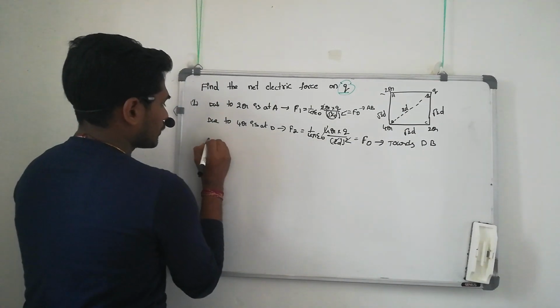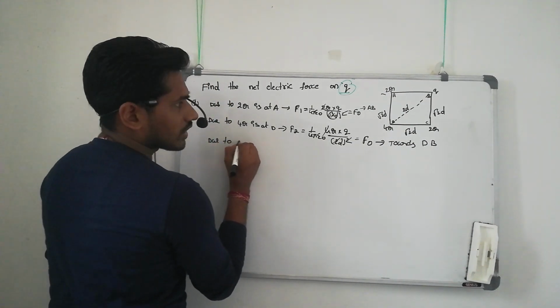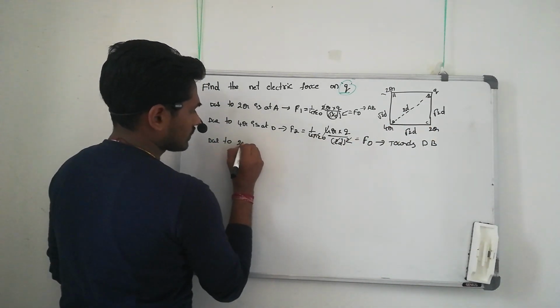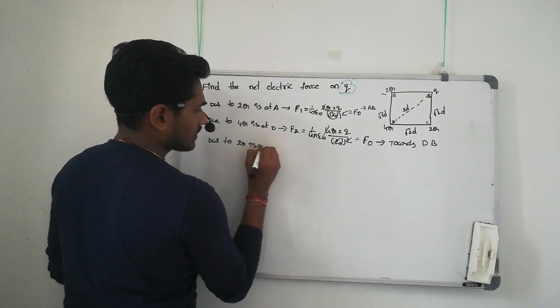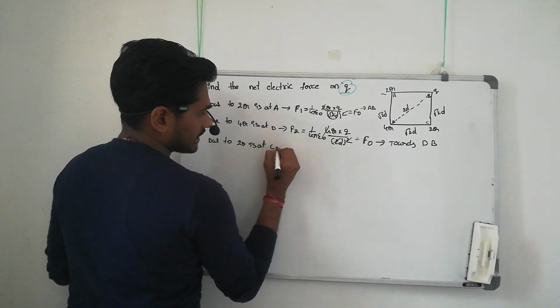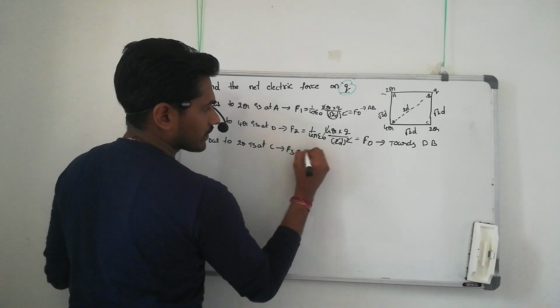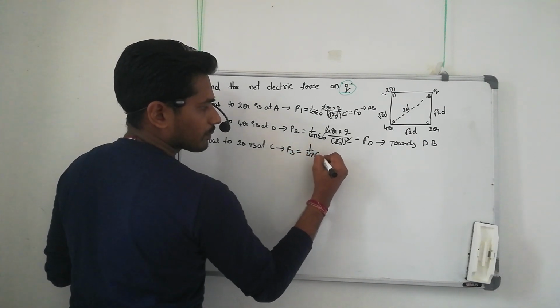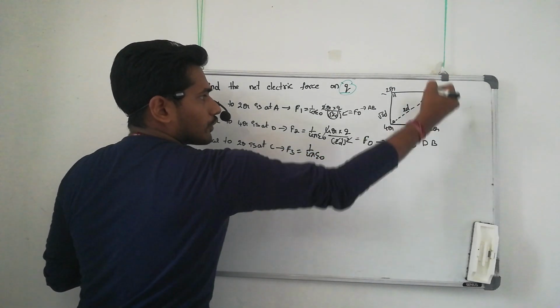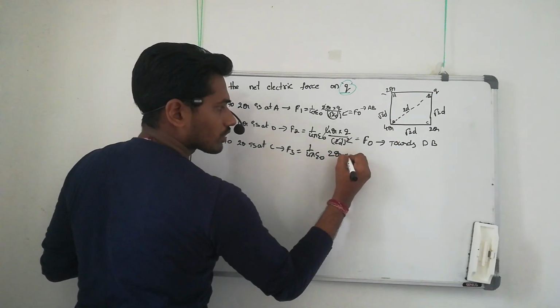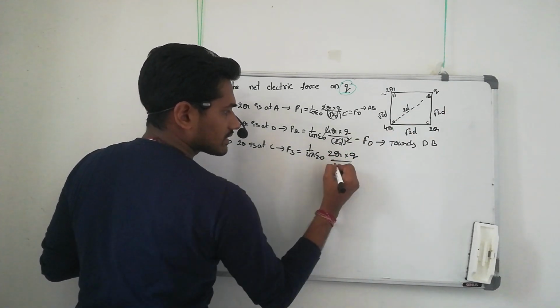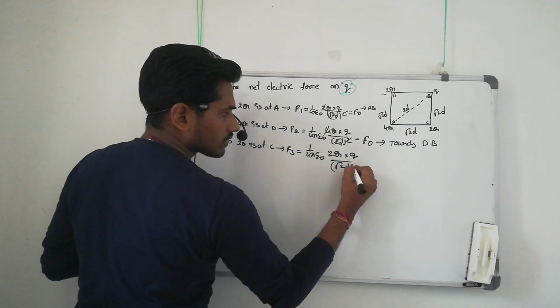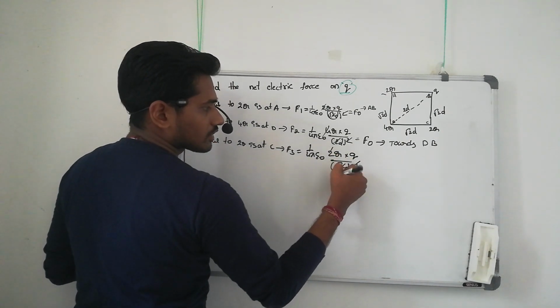The next, due to charge 2Q at point C, consider F3 is equal to 1 by 4 pi epsilon naught into 2Q into Q divided by, what is the distance here? Root 2D whole square. The square root gets cancelled, and this 2 gets cancelled.